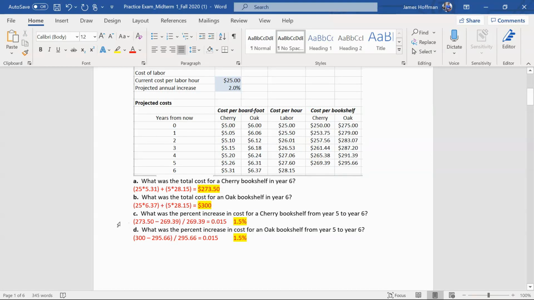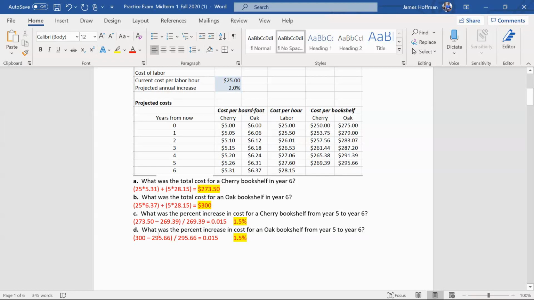So the difference is 273.50, which comes from here, minus 269.39, which comes from here, and then divided by the original, 269.39, which is here. So the percent in decimal terms comes out to roughly 0.015, which in percent terms is about 1.5%.